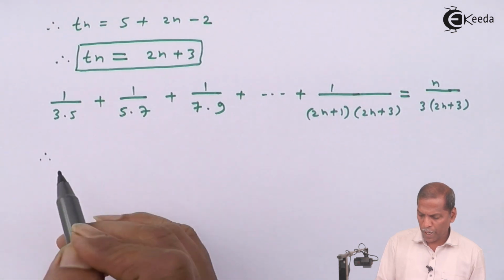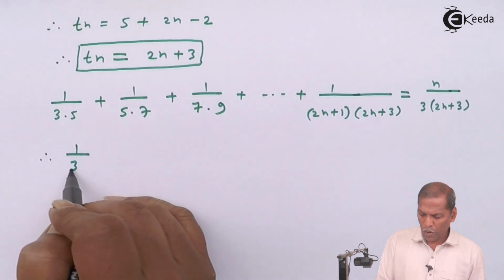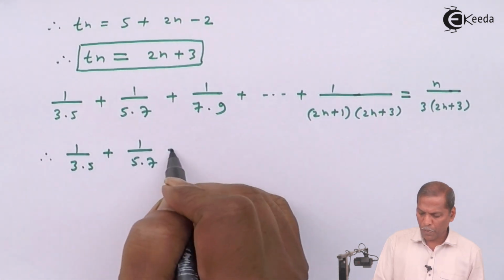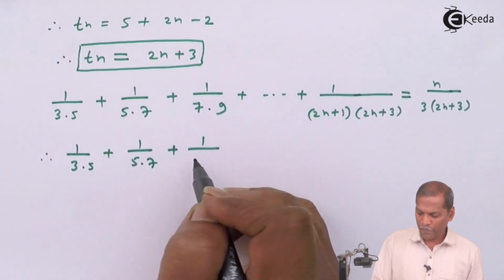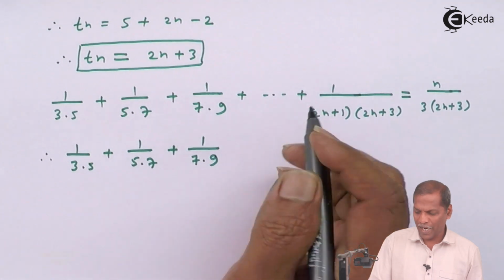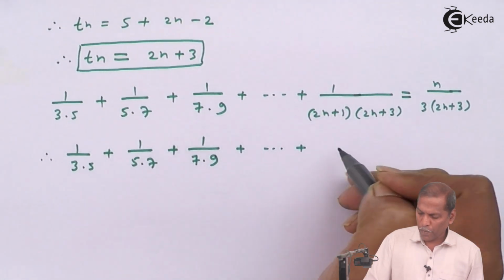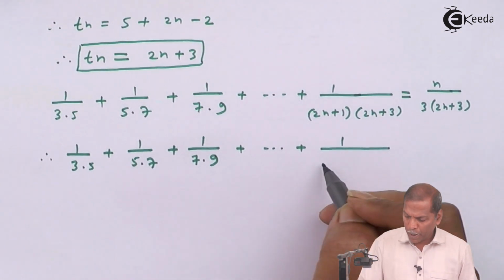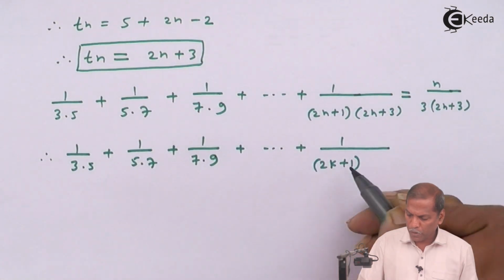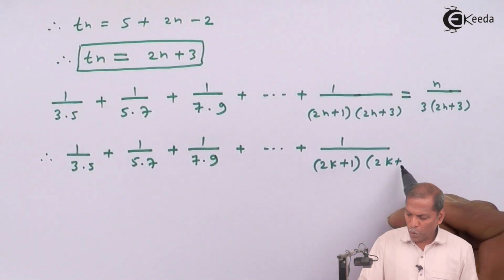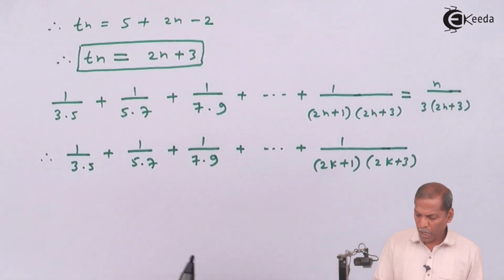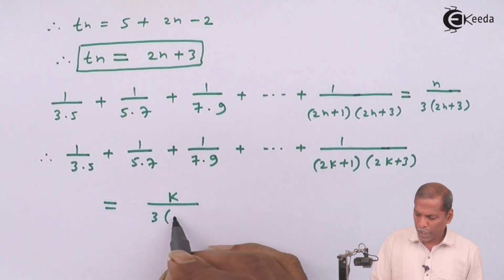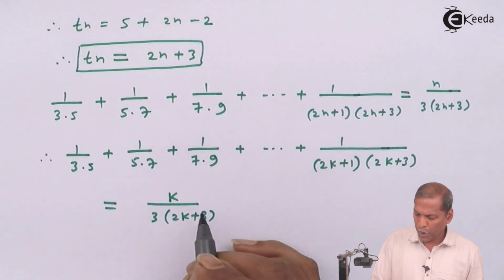Therefore we have 1 upon 3 into 5 plus 1 upon 5 into 7 plus 1 upon 7 into 9 plus going on plus 1 upon, whenever we have n we write k, so we get 2k plus 1, second bracket 2k plus 3, and that is equal to k upon 3 bracket 2k plus 3.